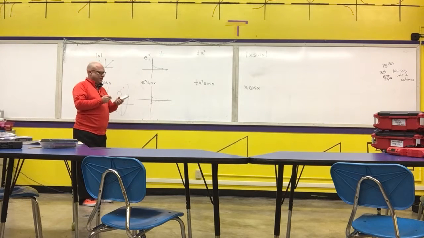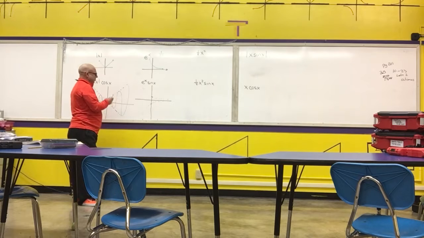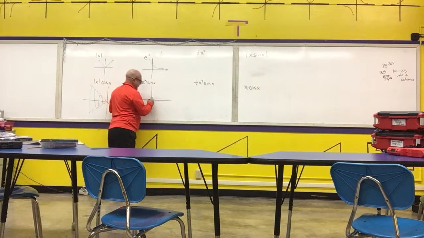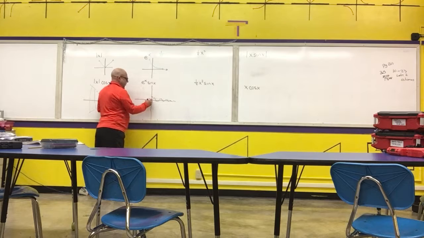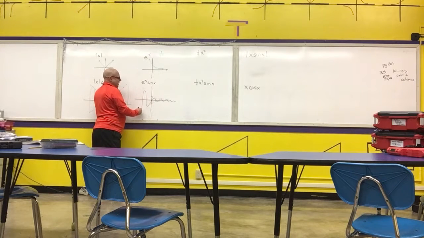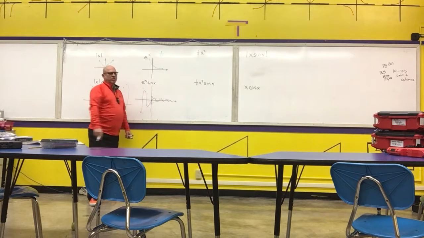And remember, the sine function starts at 0 going up. And it's going to have the same period as your normal sine function. And basically the sine waves are going to get closer and closer to 0. Mathematically, they would never get to 0. In real world applications, yes, they will get to 0.